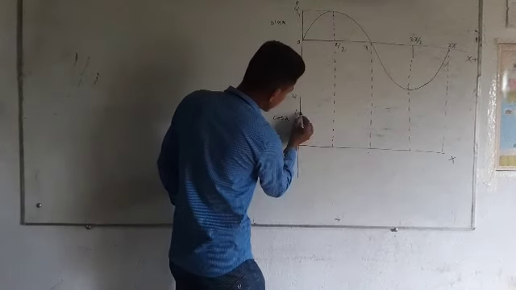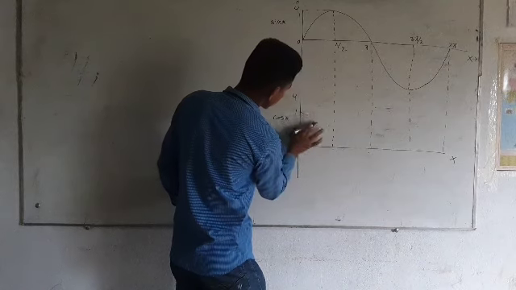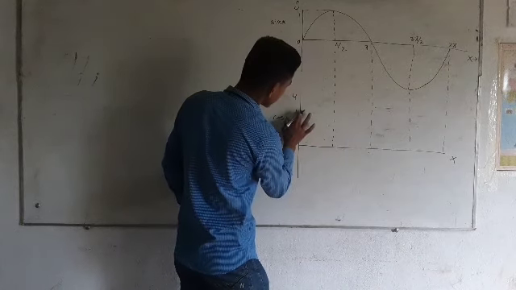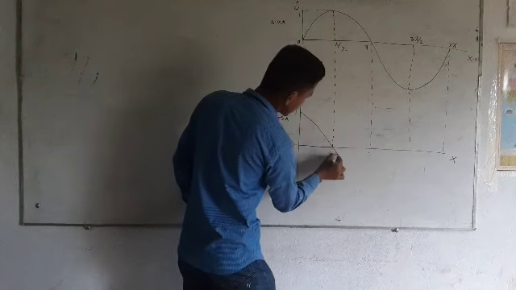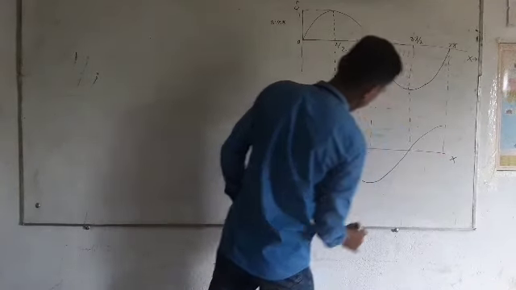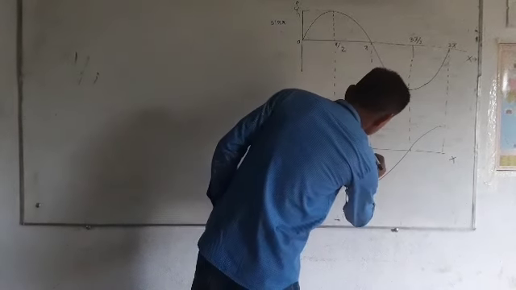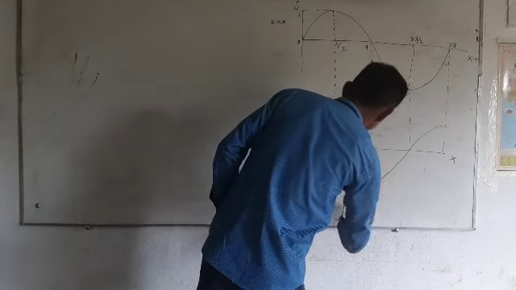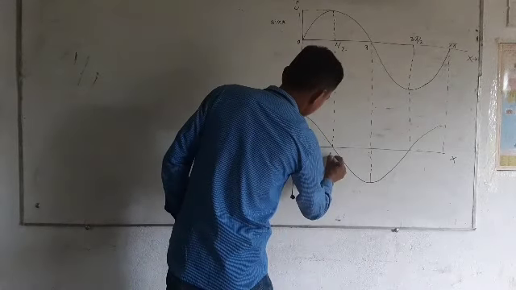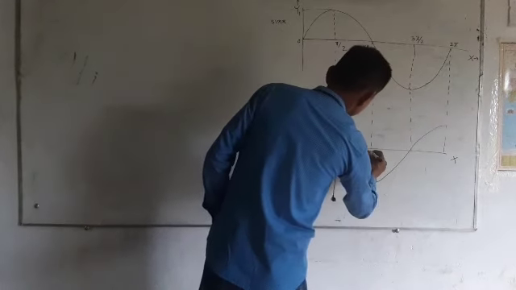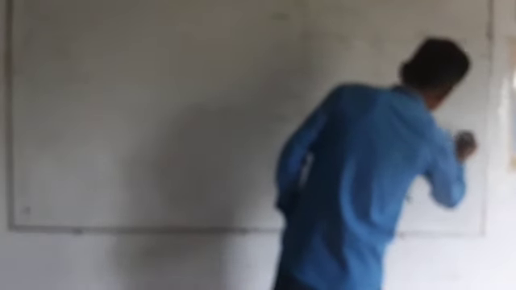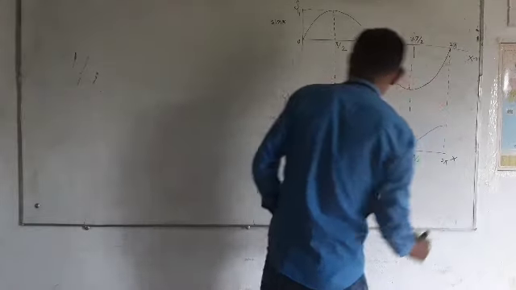Now, the cos function goes like this. This angle corresponds to pi by 2, this angle corresponds to pi, this angle corresponds to 3 pi by 2, and this angle corresponds to 2 pi.